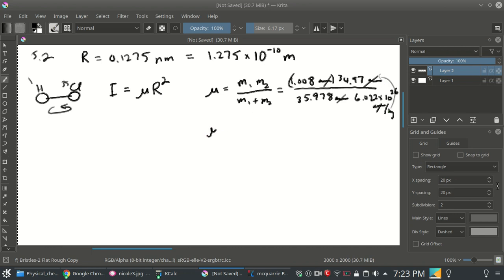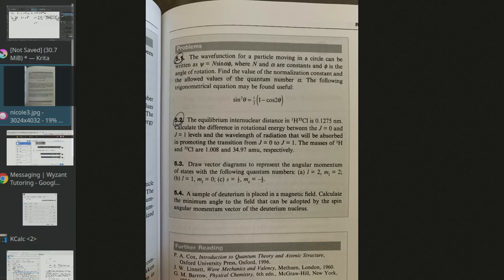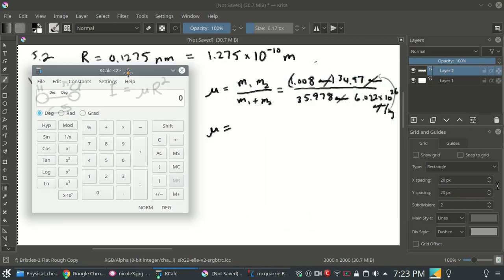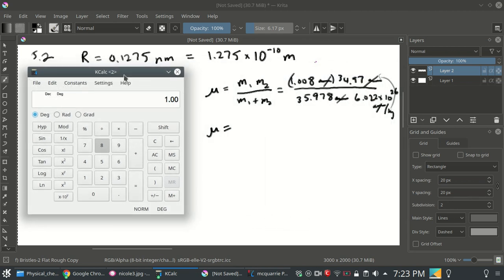So the reduced mass here is this times this divided by this divided by that. No, that's not right, sorry.